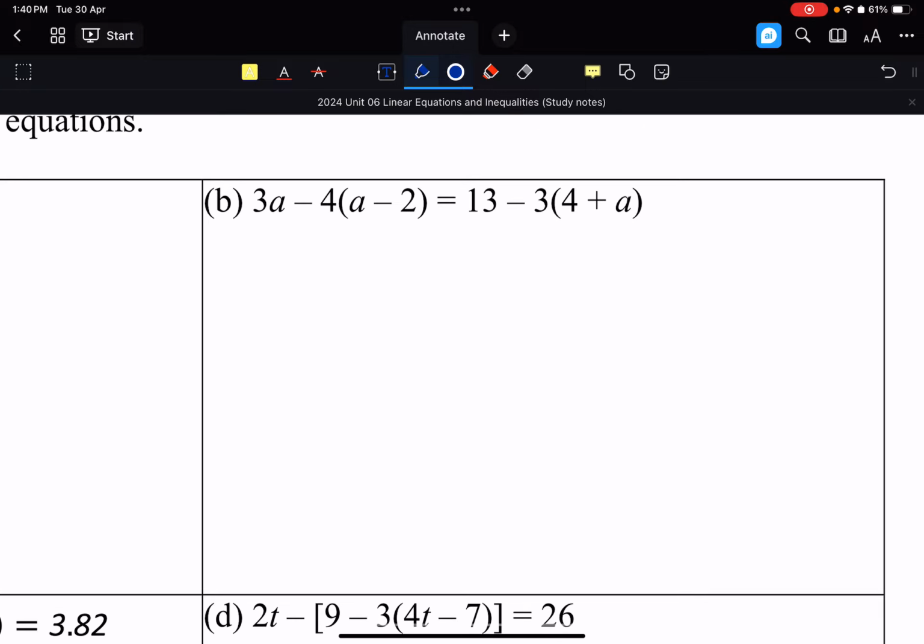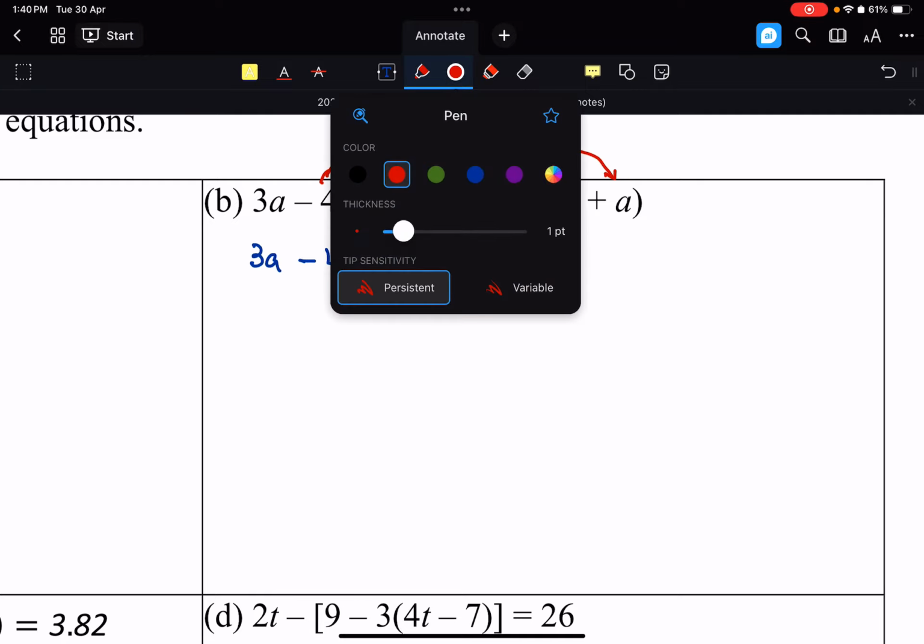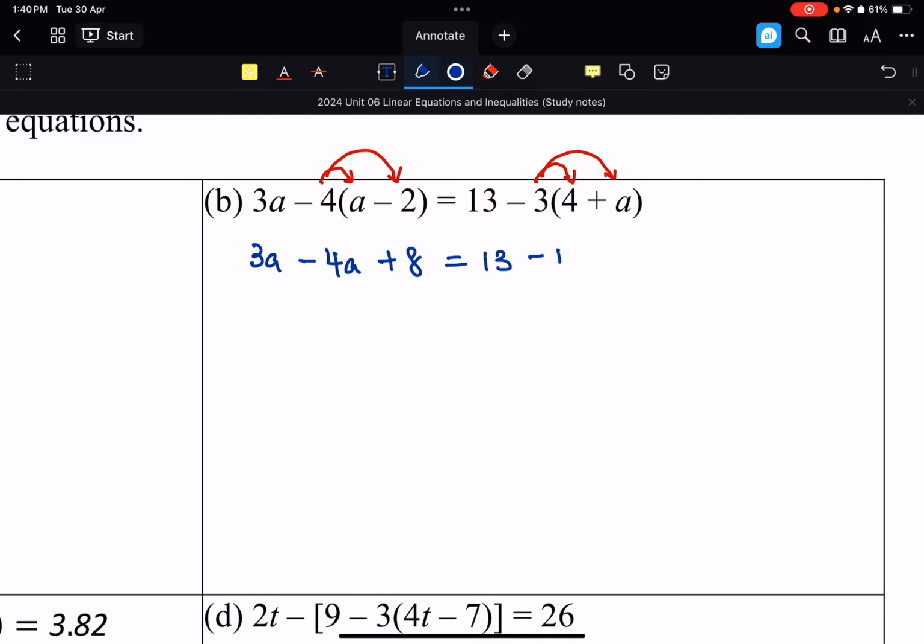Now, how about this one? Same situation, right? This time round, we've got to be careful to distribute the negative 4 in carefully. When we do that, what we get is negative 4a and positive 8, right? On this side, similarly, we're going to distribute this in carefully. Take note of the negative. So we will have negative 12 and negative 3a.